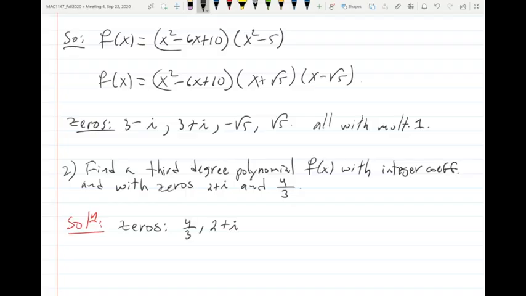We know 2 plus i. What's the other one? Very good. 2 minus i. And what's the justification of this? Because it's a complex number, right? We are given that 2 plus i is a zero, so 2 minus i has to be a zero. Everybody okay so far?